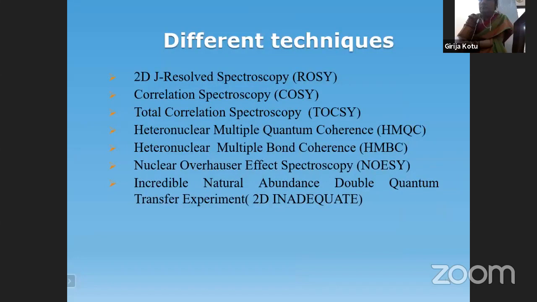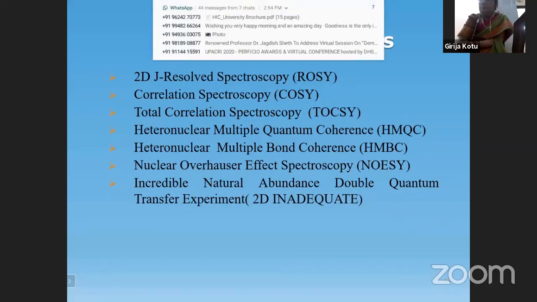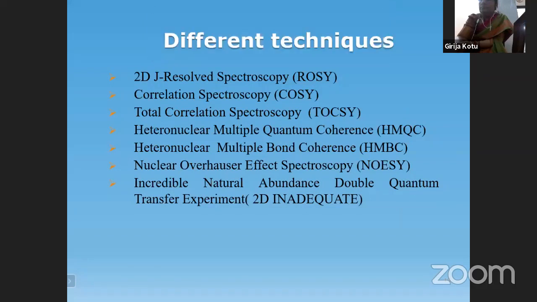Now, what are the different techniques in 2D NMR? There are many 2D NMR techniques, but we'll restrict ourselves to the basic ones, which are of much help with regard to the structures of organic molecules. The first one is 2D J-resolved spectroscopy, which is also called JRES. The second one is correlation spectroscopy, which is COSY.